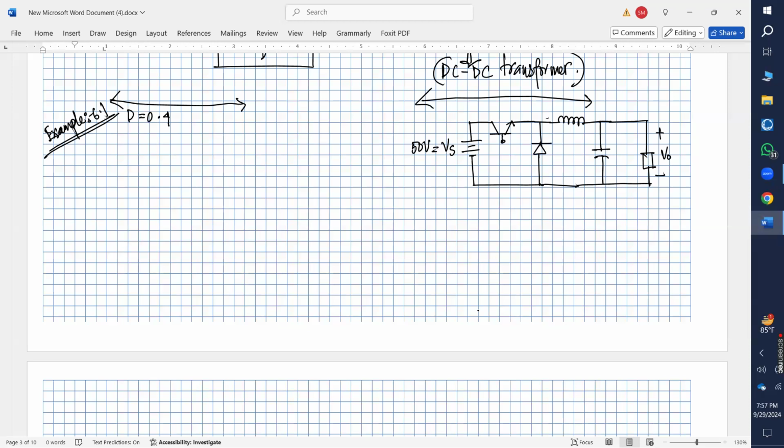Duty cycle is a ratio, so it will be a dimensionless quantity, and then your L value is given as 400 microhenry, and your capacitor value is given as 100 microfarad.